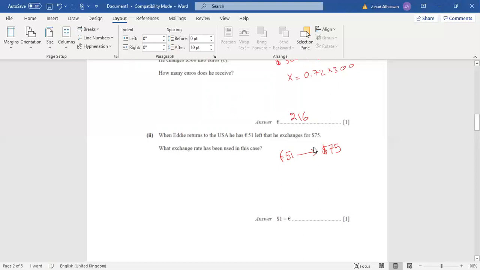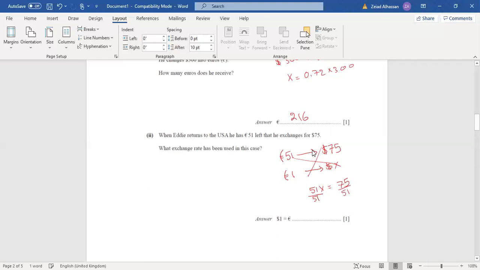That means 1 euro, how many dollars did he calculate for it? So that's your X. Let's cross multiply. That's 51X equals 75 times 1. 75 divided by 51.